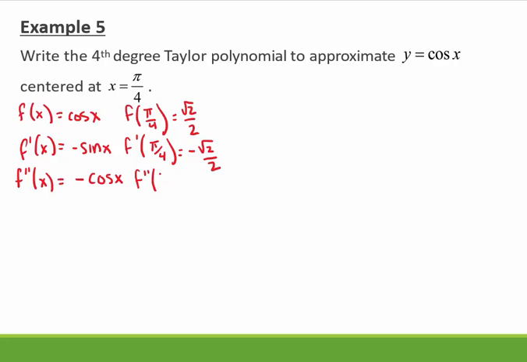F double prime of pi over 4 is equal to negative root 2 over 2. My third derivative: the derivative of negative cosine of x is negative sine of x. Sine of pi over 4 is root 2 over 2.